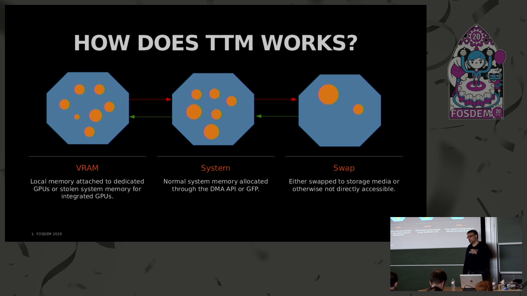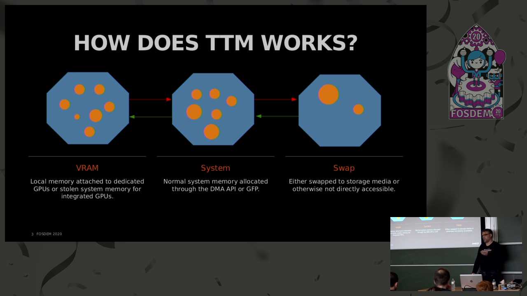And the important thing in TTM is that those buffer objects can move from one domain to another. So, for example, if you suspend your laptop, buffers from the VRAM domain usually move to the system or swap domain, for the simple reason that the local GPU memory's power is turned off.